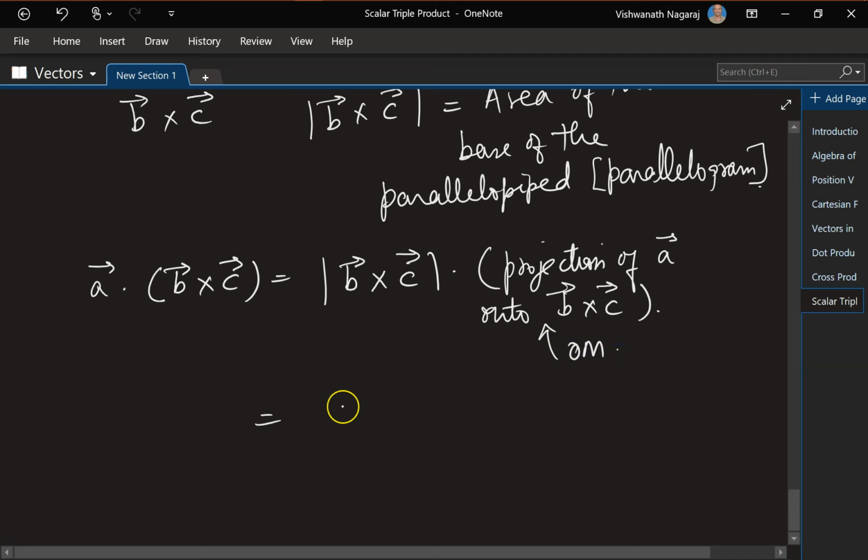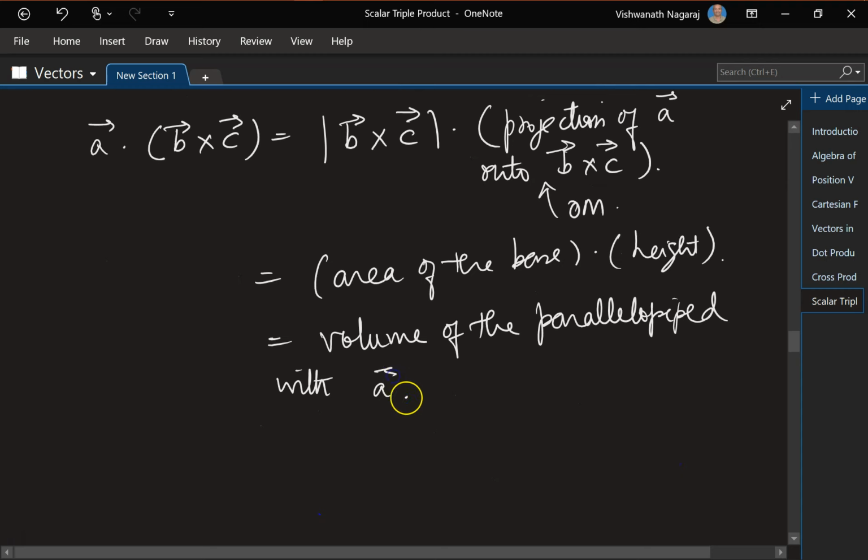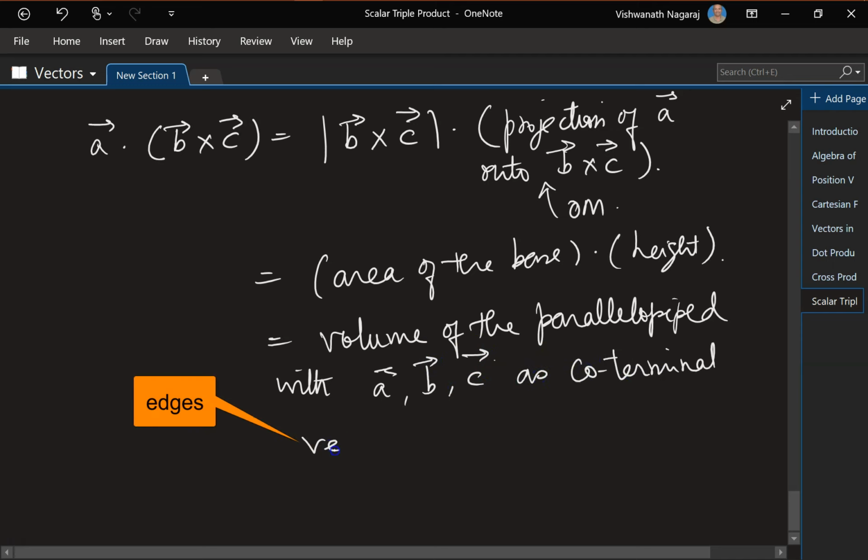So this becomes the area of the base times OM, which is the height. And this is what? This is the volume of the parallelepiped with A, B, and C as co-terminal vectors.